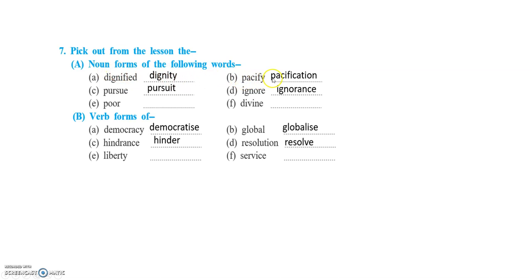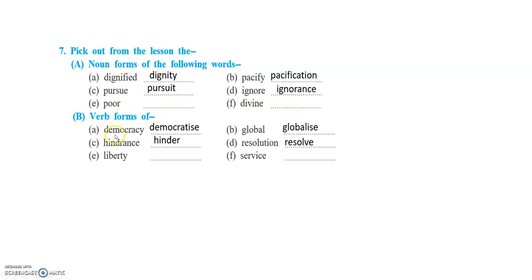Second, pacify, don't say the pacified, you say the pacification. Then the pursue, no, we say the pursuit. And the ignore, no, the ignorance. Okay, so likewise you're going to put the in your mind and write the answers for these 2. You're going to form nouns for them.